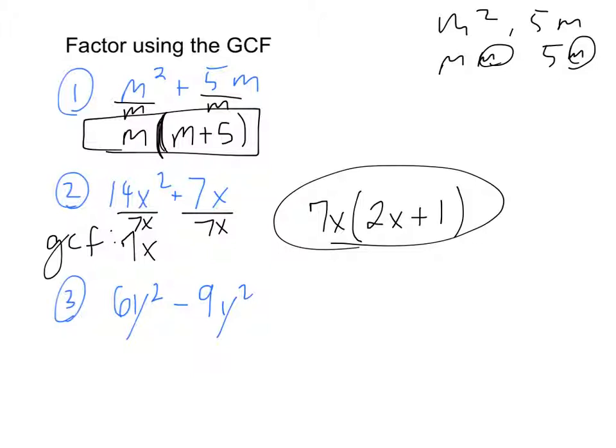Once you understand how to do this, it clicks. I understand that this is difficult for some, but don't give up. Stay with it. Let's try number 3. 6y squared minus 9y squared. GCF, what is it? The GCF in this example is 3y squared.